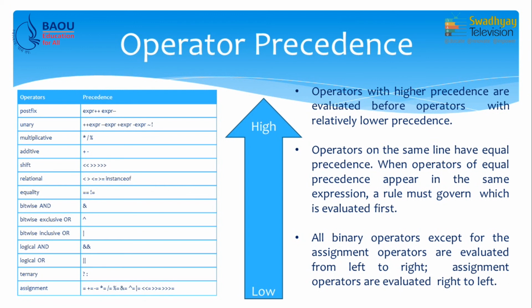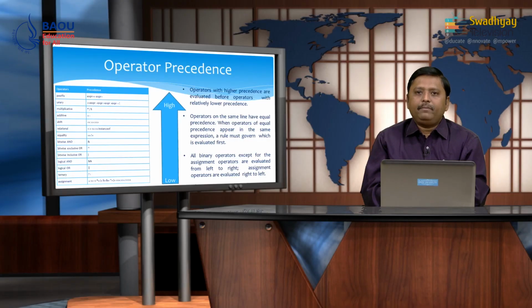Now, all binary operators except for the assignment operator are evaluated from left to right, and assignment operators are evaluated from right to left. Now, we understand this operator precedence with one example. So, you can have a better idea about operator precedence, but for that you have to remember this table.